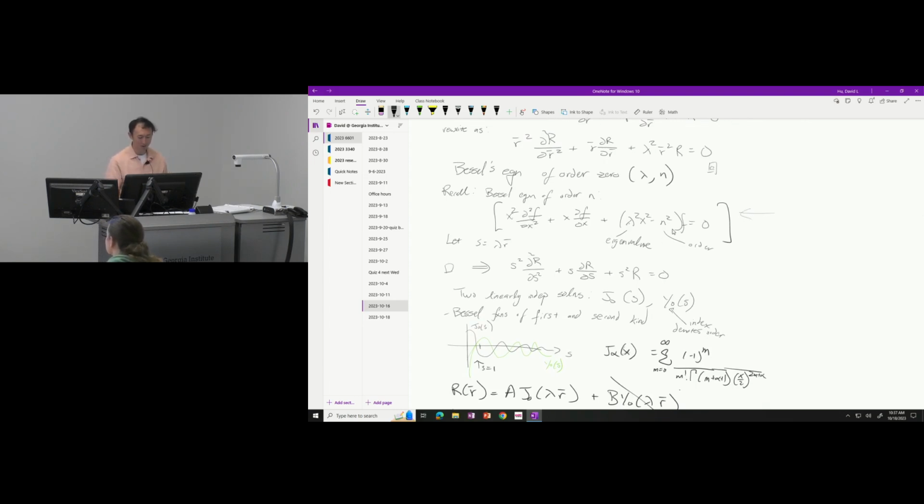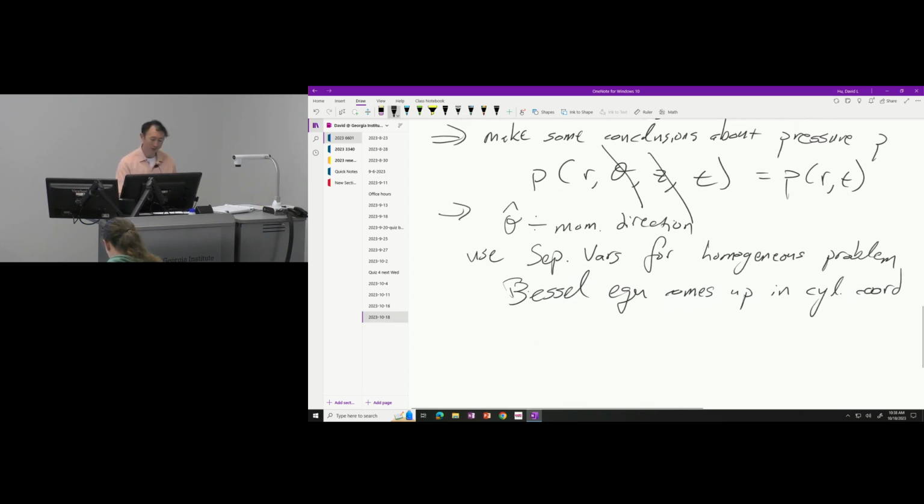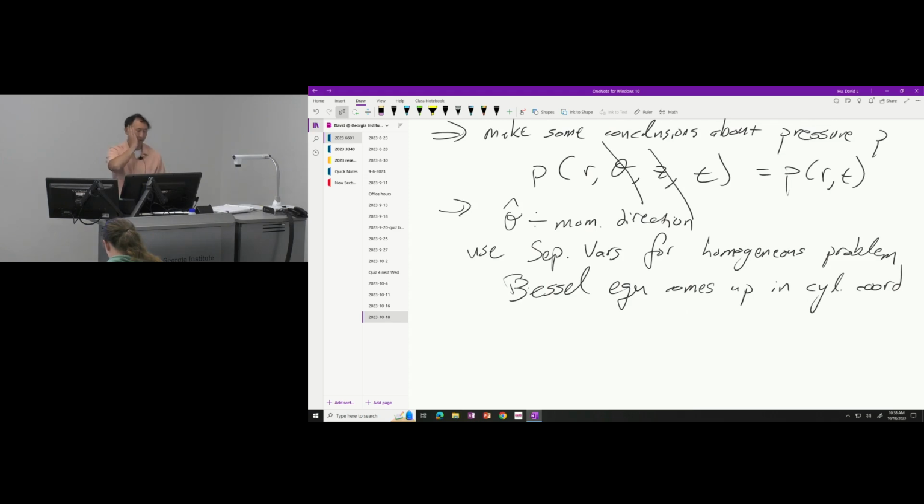But just keep track of the order. Don't assume it's going to be exactly the same as last time. Bessel equations come up in cylindrical coordinates. I think all the heat transfer problems in cylindrical coordinates have Bessel equations.